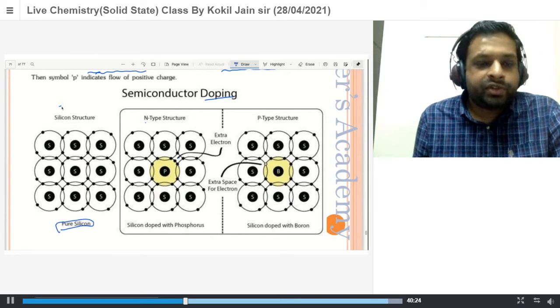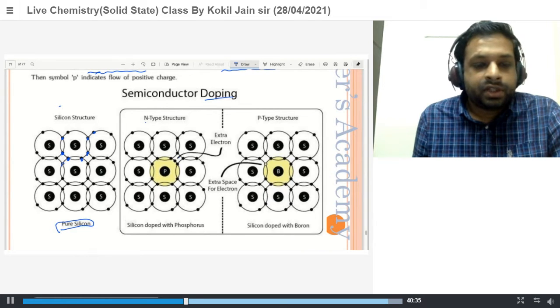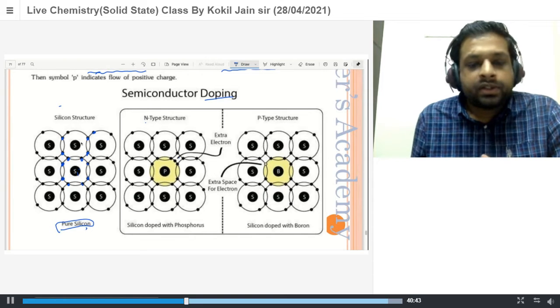They are sharing electrons all across this. You can see these shared electrons here. Now, in place of this silicon, I replace it with phosphorus.